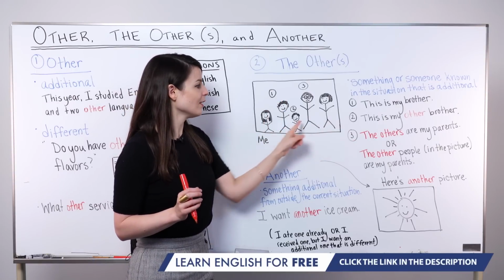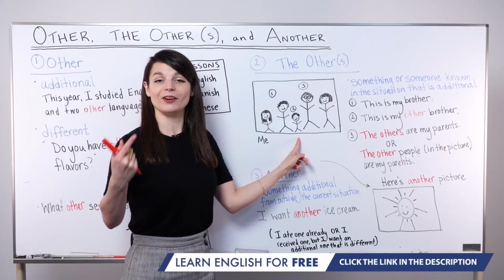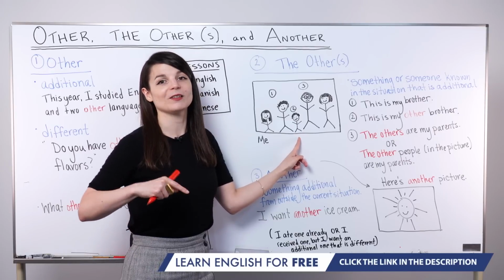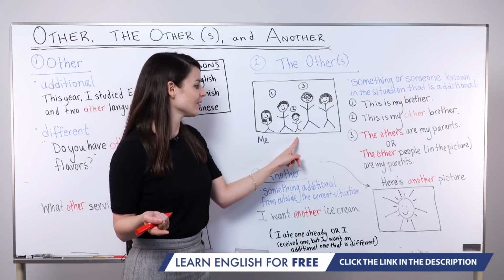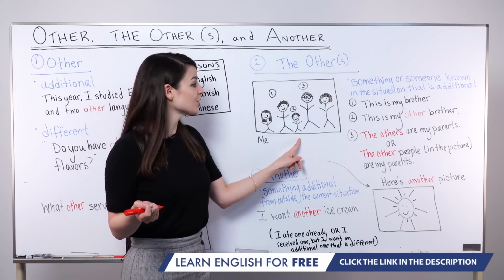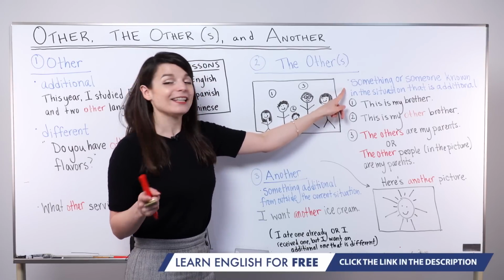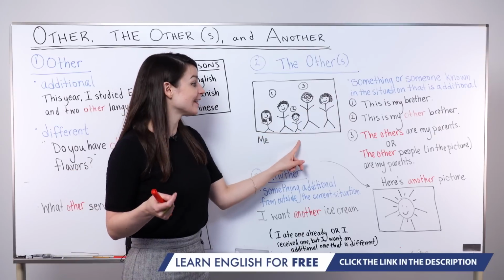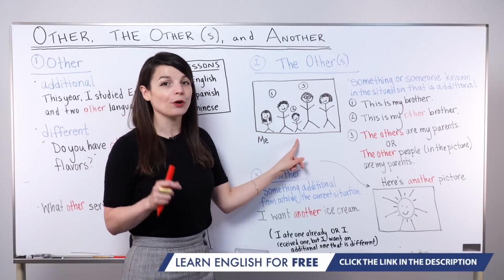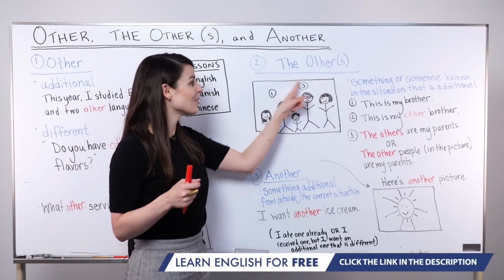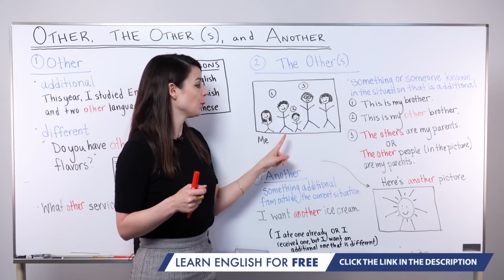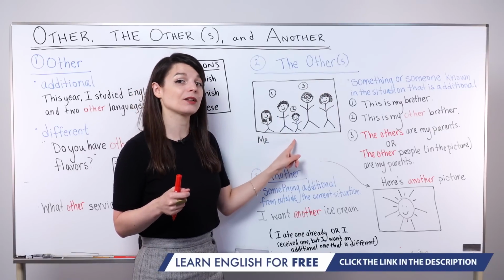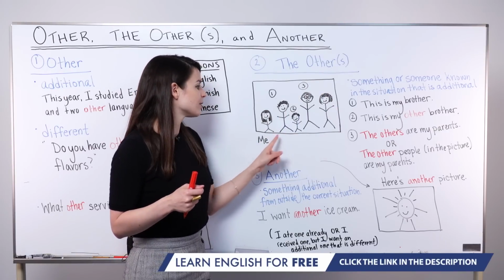Number 2, though, this is my other brother. So here we're using other to show that it's an addition inside this situation. So we can probably guess, because we know this is a family picture, this is the speaker's brother, but the speaker wants to be very clear.